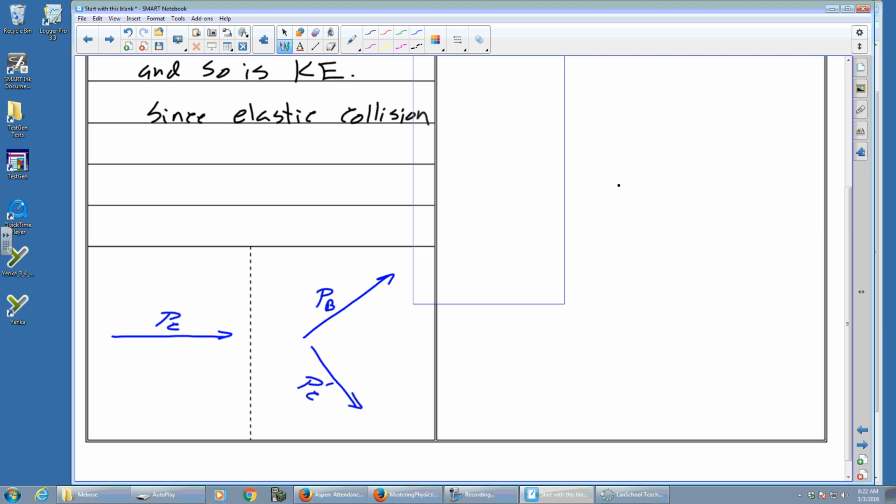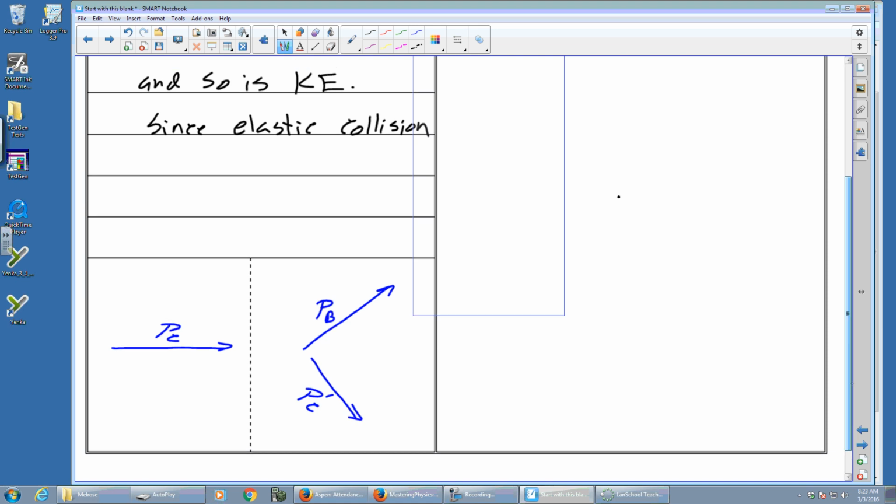So to make that y direction balance out, the cue ball has to go downwards. Our y momentum will be equal and opposite. Because they started at 0 this time, they have to end up at 0, so it's kind of the reverse situation of last time.